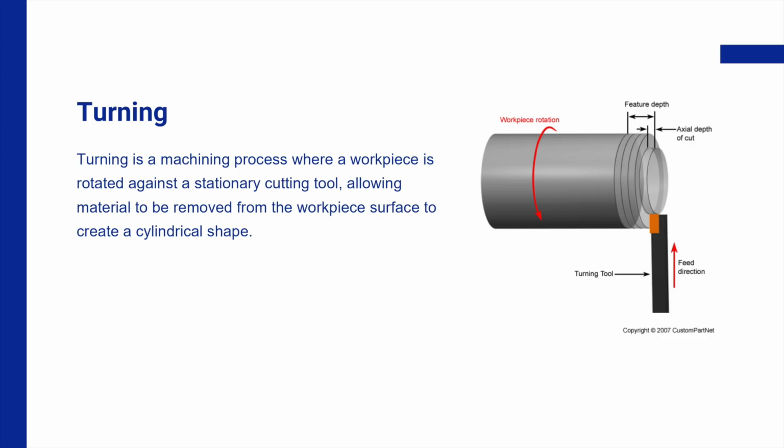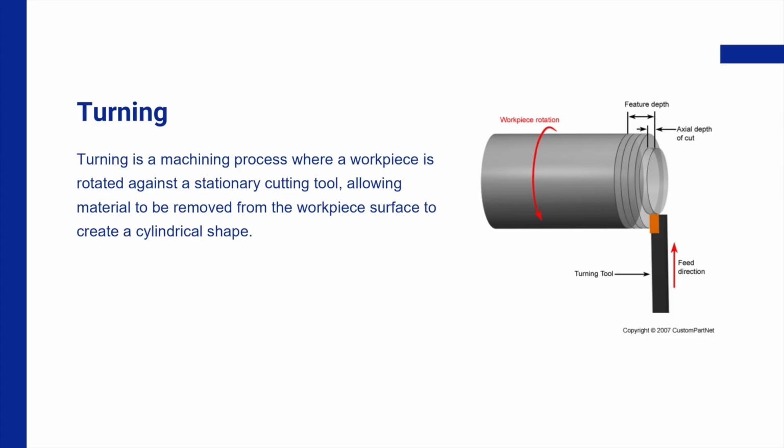This process is mainly used to produce round or cylindrical shapes. Examples of parts made by turning include rods, shafts, pins, and cylindrical connectors. Turning is commonly used when accurate diameter and smooth surface finish are required.